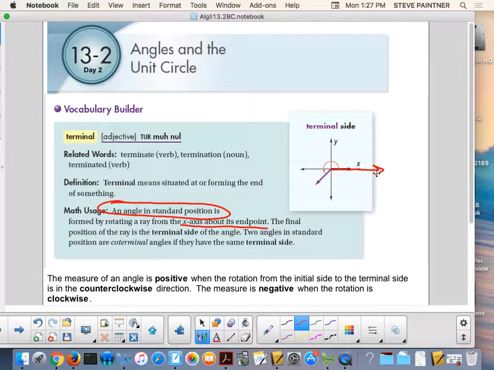So you always start where? On the x-axis. It is called the initial ray. Or I could say initial side. And to me, that's just your starting point. You start there, and then you start going up, forming an angle, and the angle just keeps turning around the circle. That's all it does. And as you go around, you should know certain spots.